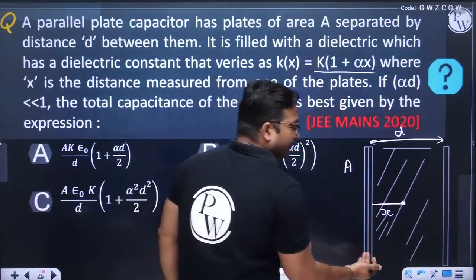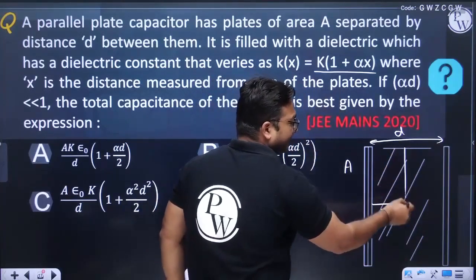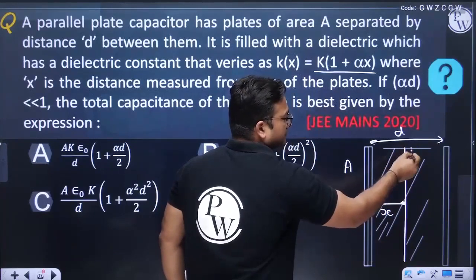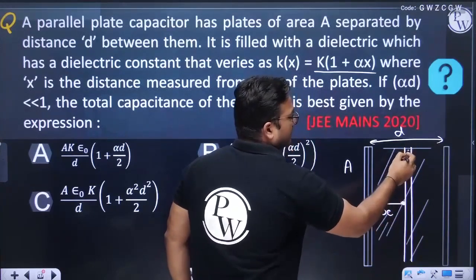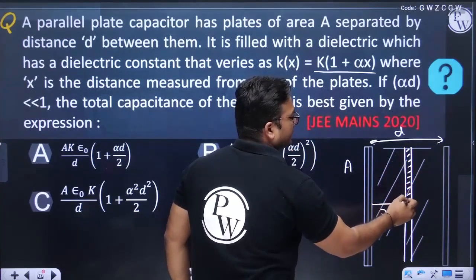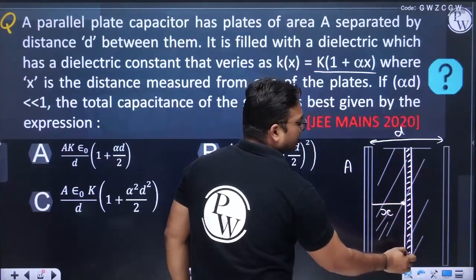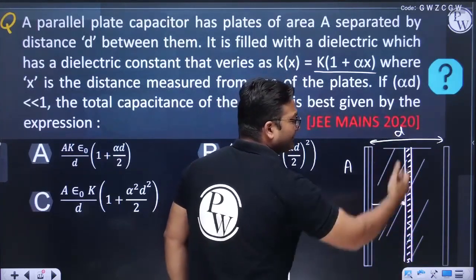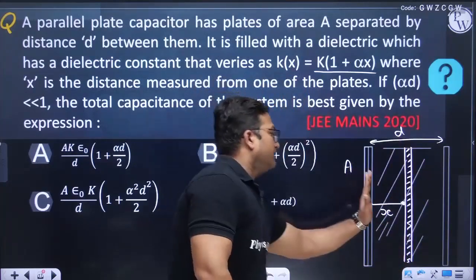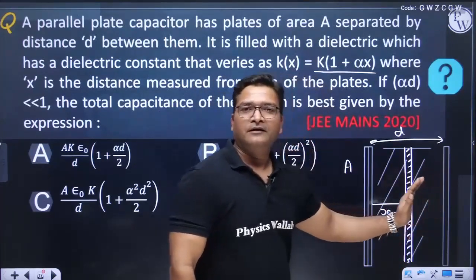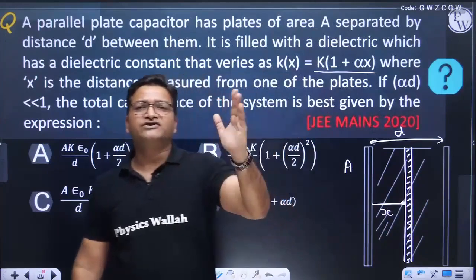So what we will have to do is divide this entire volume of the capacitor into a large number of elements, this kind of elements, like we place books in shelves.